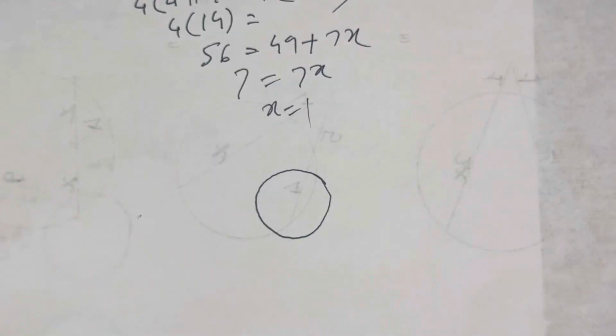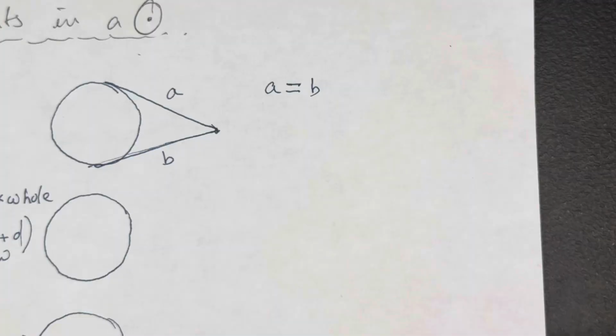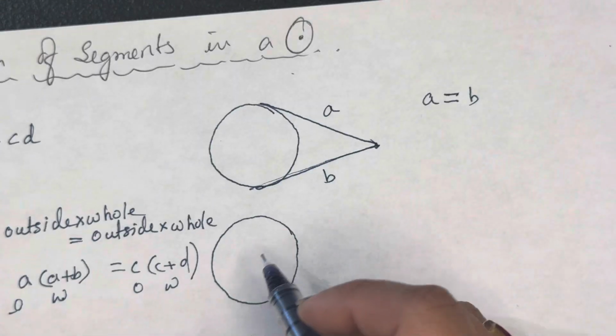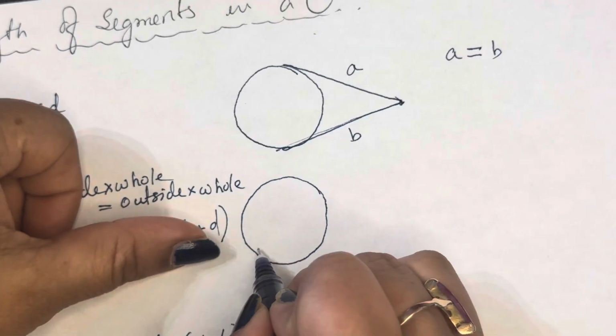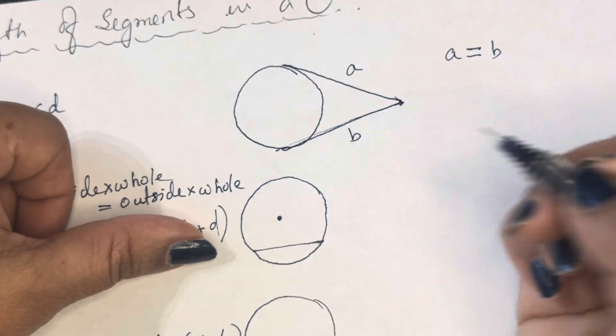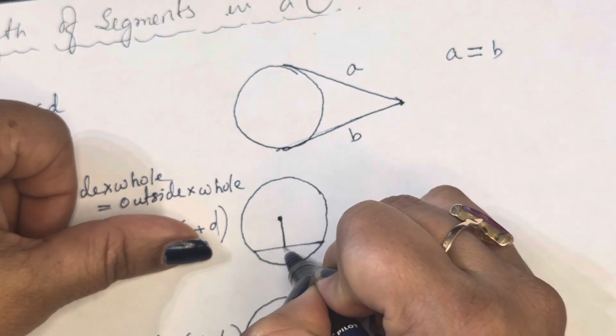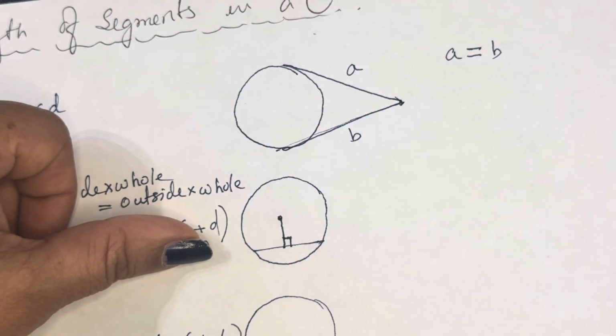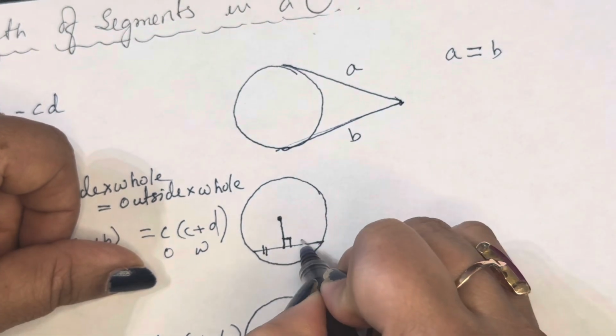Okay, next property is tangent, not tangent, sorry, the chord and the radius. I hope it is visible. Okay, if I have a chord and if I draw a perpendicular from the center to a chord, it always bisects the chord.